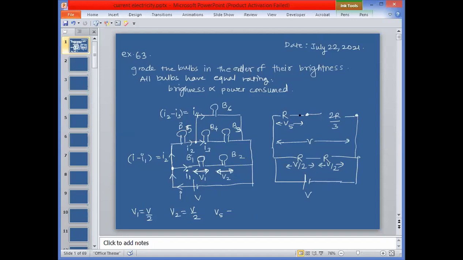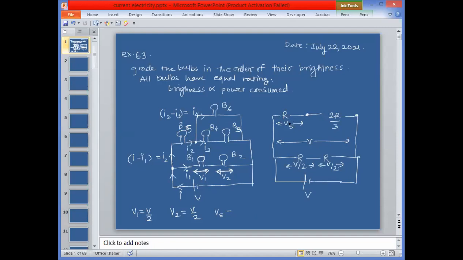Now can I write V5 is equal to this potential difference. These two resistances are in series, and in total they are sharing a total potential difference of V. So potential divides according to the ratio of resistance.